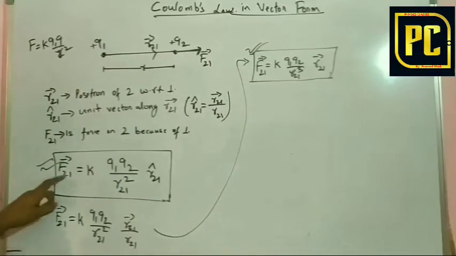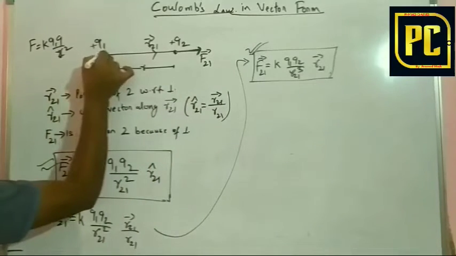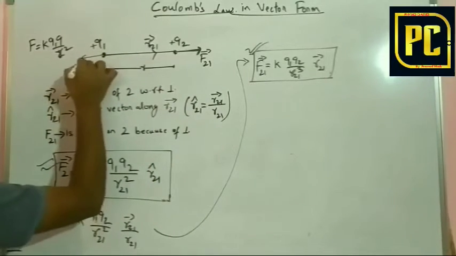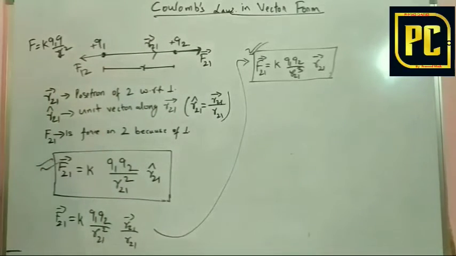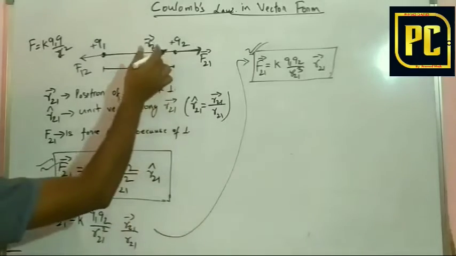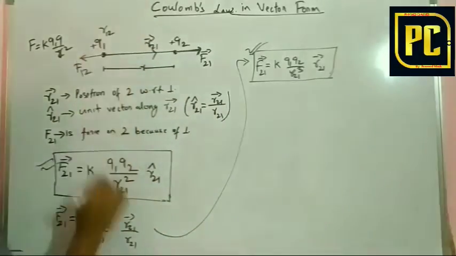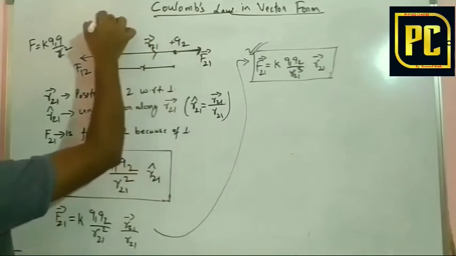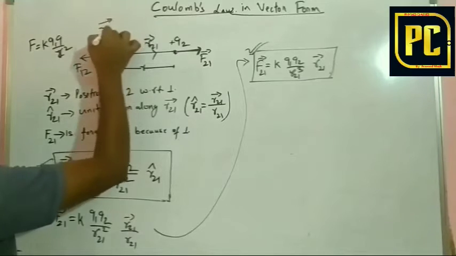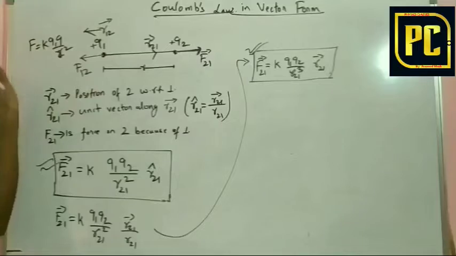Now this is your F21. You can write F12 also, that is the force on 1 due to 2, and R12 is the position of 1 as seen from 2. So this is in this direction, and both are in the same direction.